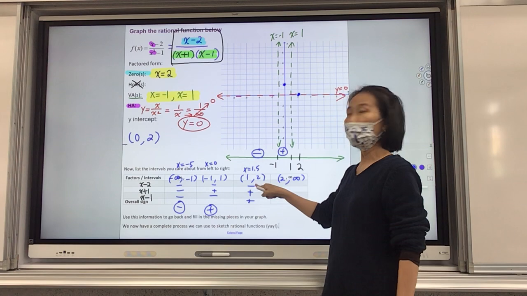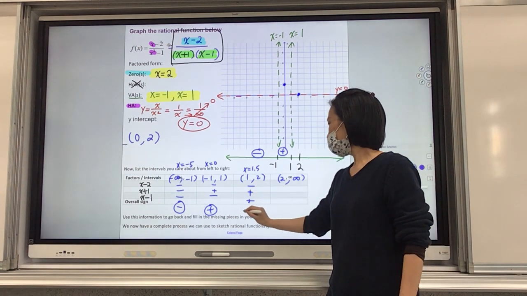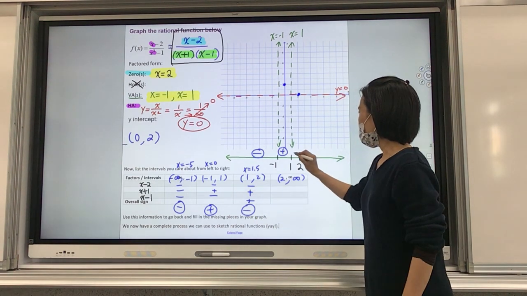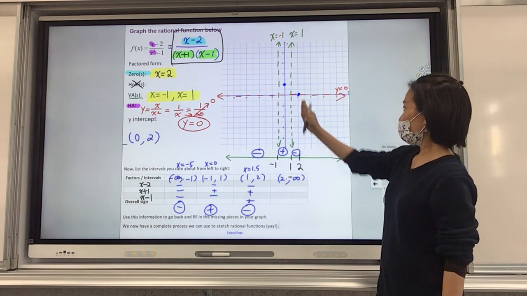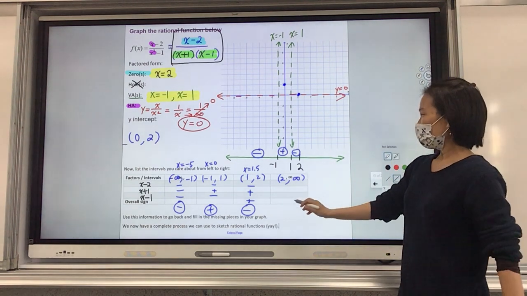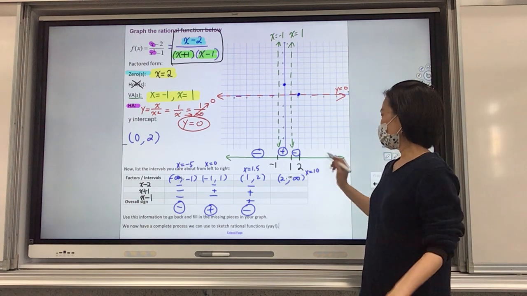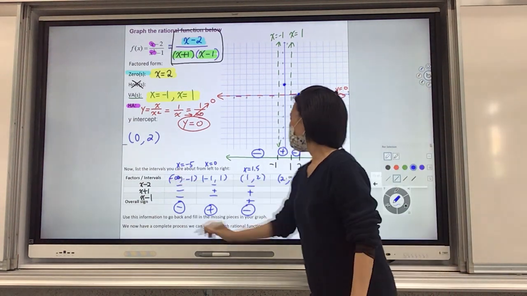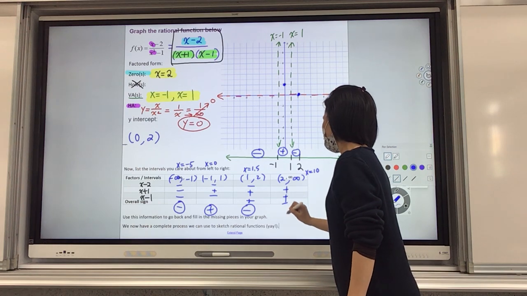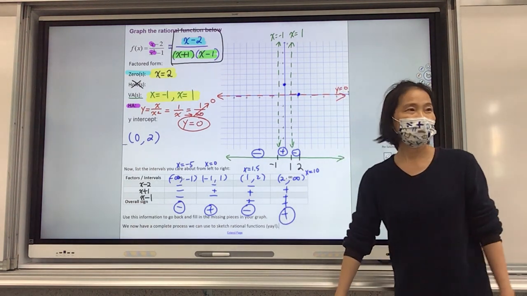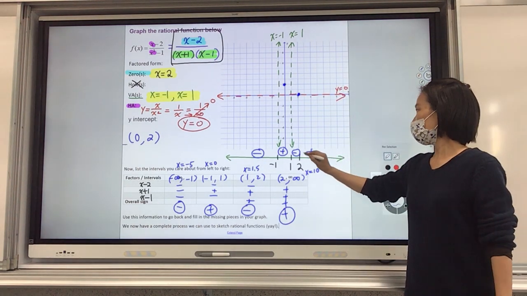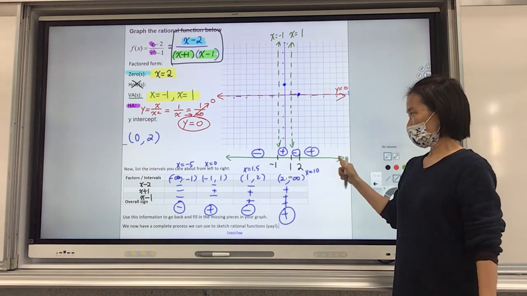So you have a number of negatives. This is going to be negative in this area, okay? Lastly, x equals, say, 10, 100, whatever. Yeah, it's going to be positive. Okay? These are my sign diagram.